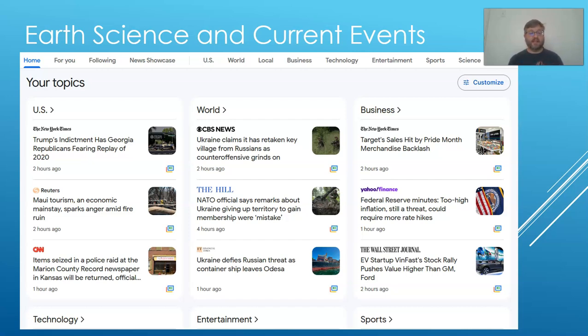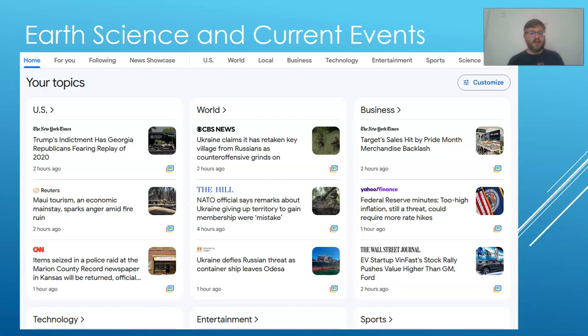It helps us understand the wind patterns that drove those fires into areas where people were living. It helps us understand the ecological changes that were happening in Hawaii with, for example, the spread of invasive grasses that contributed to the severity of those fires. So there's a ton of earth science connections with the Maui wildfires.